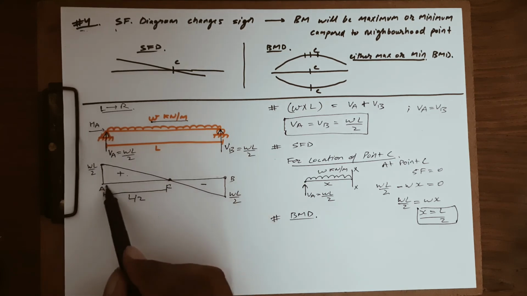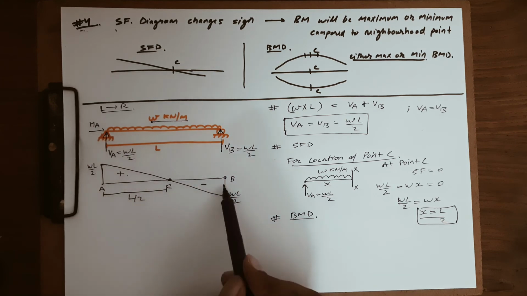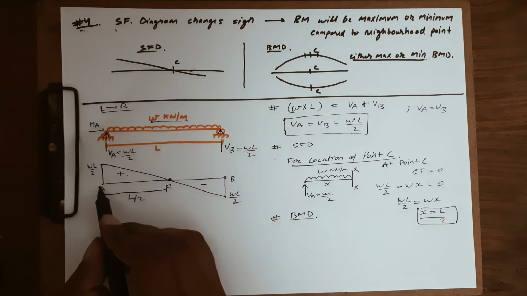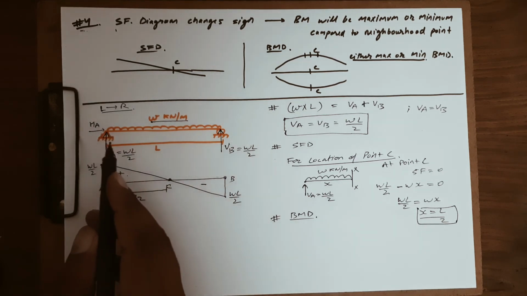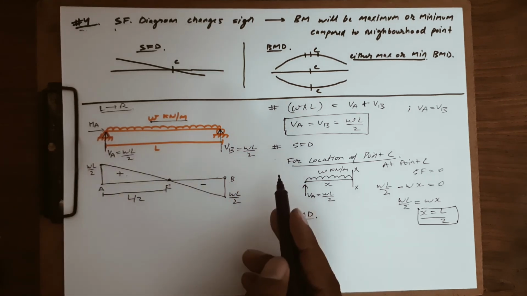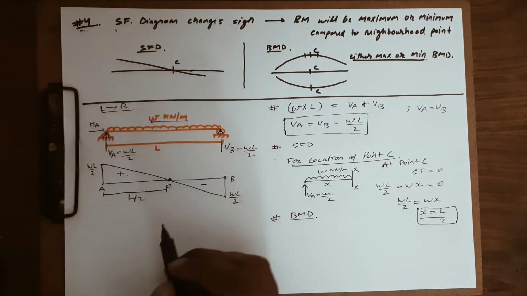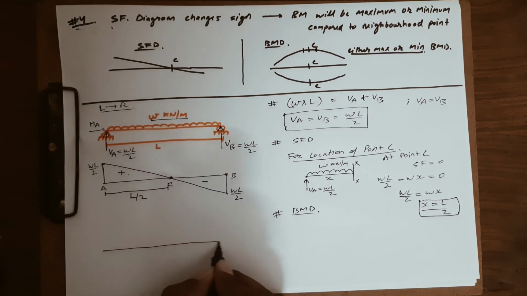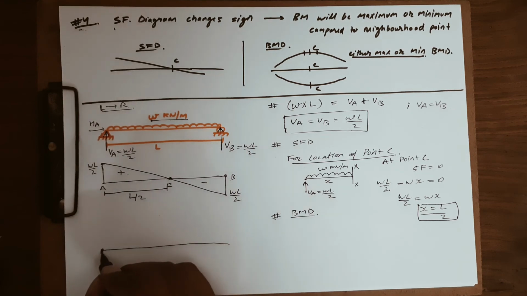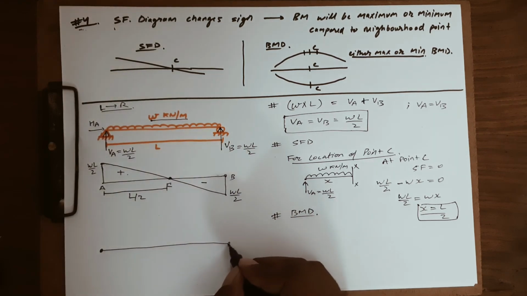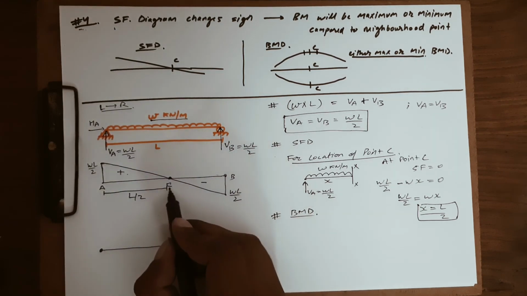At points A and B, the bending moment will be 0 because there is nothing to the left and nothing to the right. So the moment at A and the moment at B is equal to 0, and we have to find it at point C.